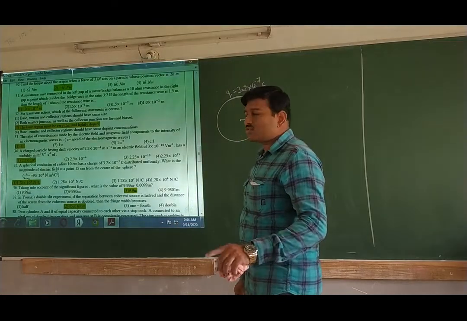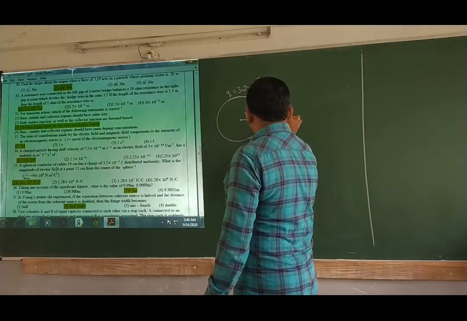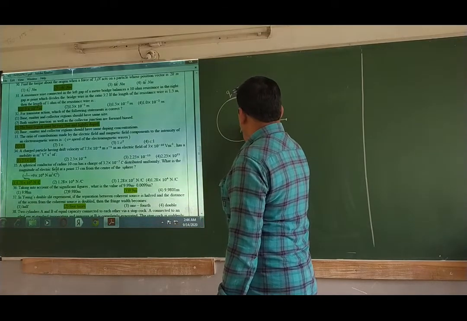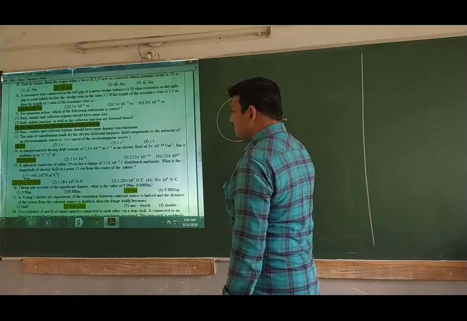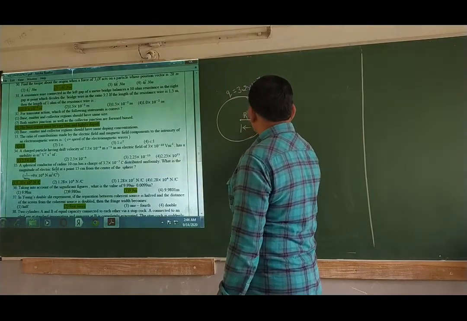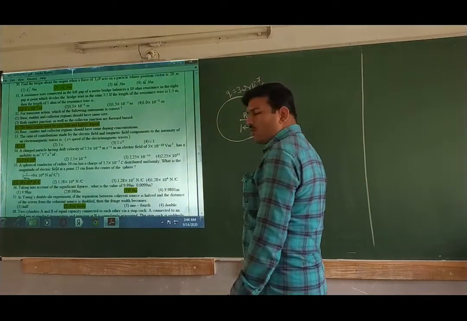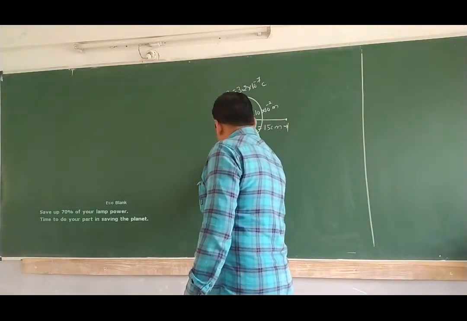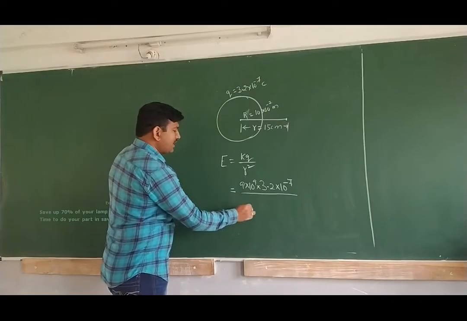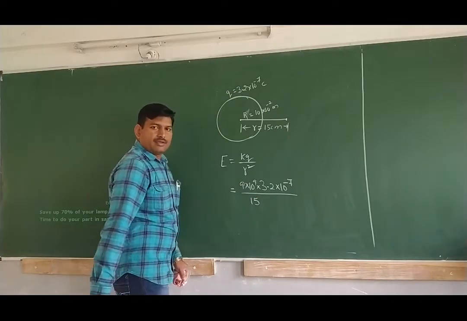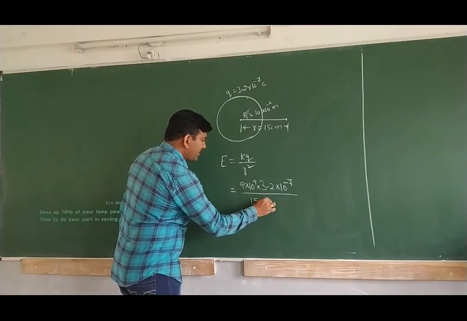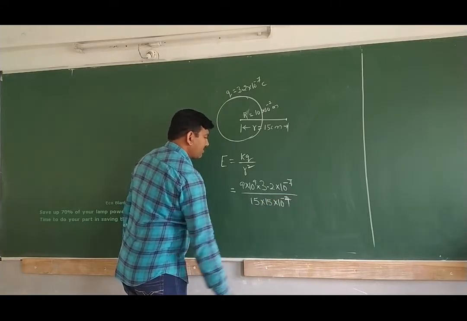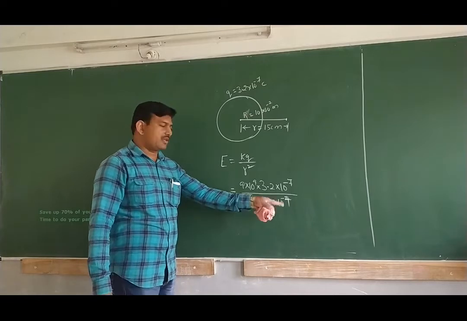They are asking us to calculate the electric field at an outside point. At how much distance? Let us consider this as capital R. What is the distance they have asked here? 15 centimeter. So now, what is the electric field at an outside point formula? The electric field at an outside point is given by kq divided by R squared, so you can write it as 15 × 15 × 10^-4, since centimeter squared is 10^-2 whole squared.